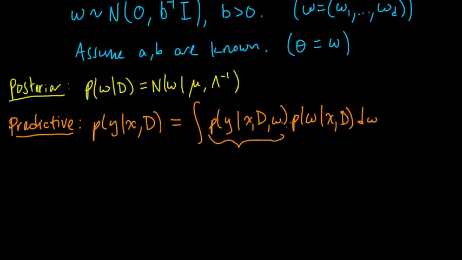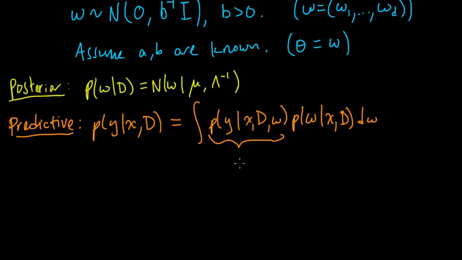And this first part is maybe a little bit confusing. This x here is not random. This is purely a notational device. We say conditioning on x purely as a notational device to indicate that this is the value of x for which the distribution of y corresponds.